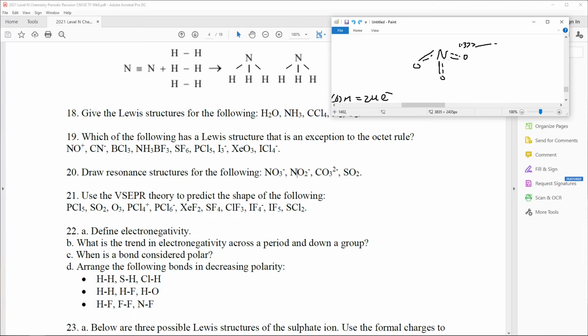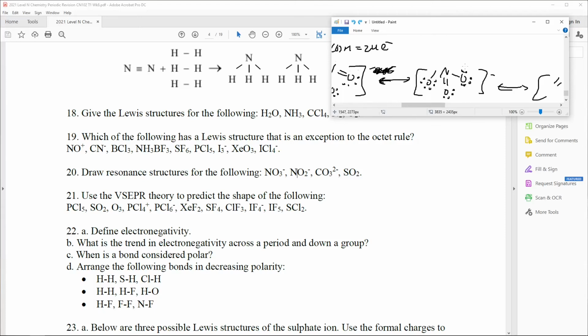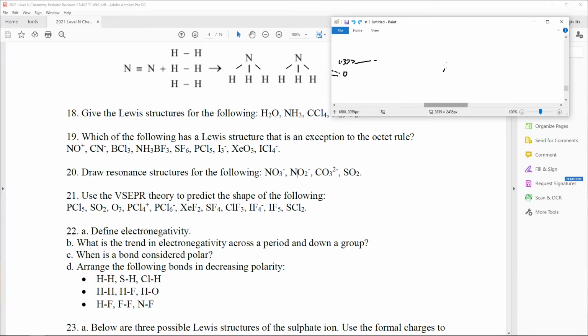So yeah, pretty much. For the rest, same way, NO2 minus, you're going to end up with N, and then O, and another O. You pick the double bond here, for example, you end up with this, and it's minus, right?